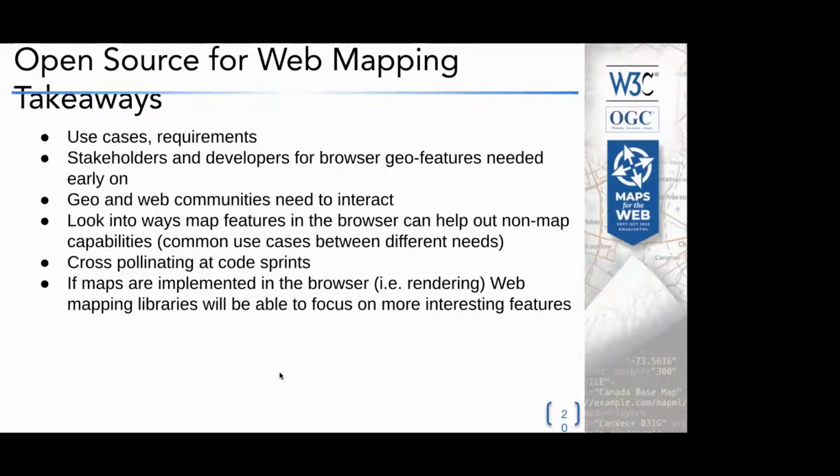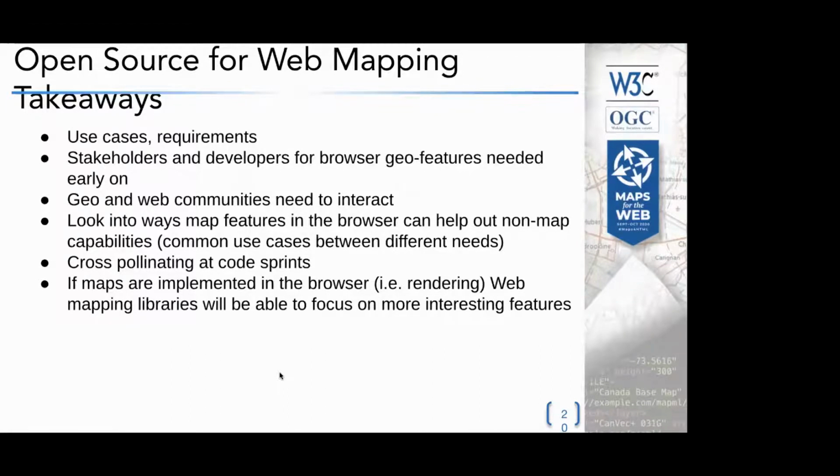So we can look into ways that support not just maps in the browser, but non-geospatial maps. And furthermore, also so-called primitives that can help non-map use cases.